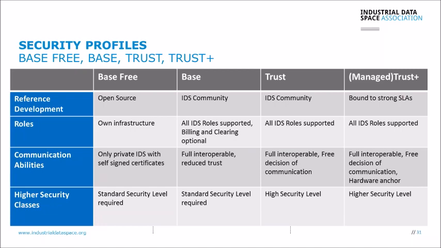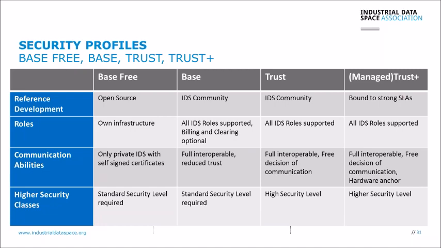What I said before is that we talk about classes here. We have reference implementations for each security profile class, but of course everyone can set up and develop his own connector for each class. As I said before, every connector has to support all roles, especially the trust and the managed trust or Trust Plus has to support all roles in the IDS ecosystem.